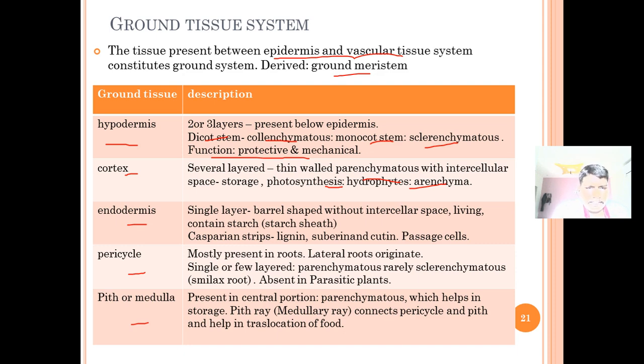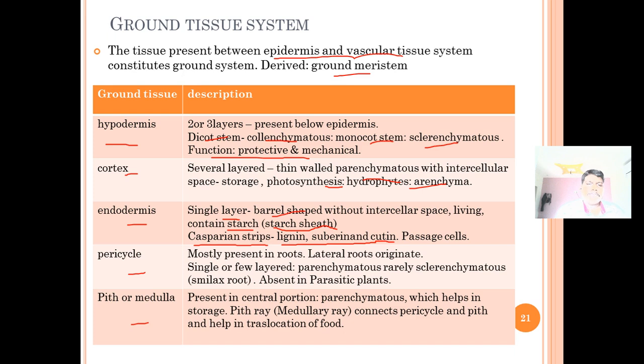Endodermis is a single layer of barrel shaped cells which contain starch. If starch is present in the endodermis, we call it the starch sheath. Another important thing about the endodermis is that it possesses Casparian strips, made up of lignin, suberin and cutin.